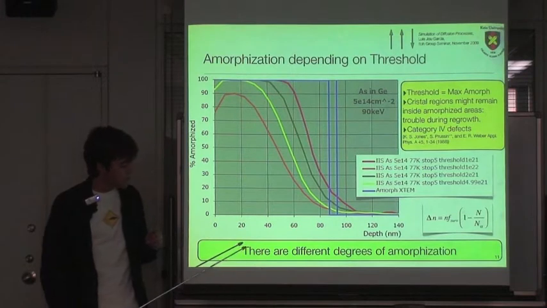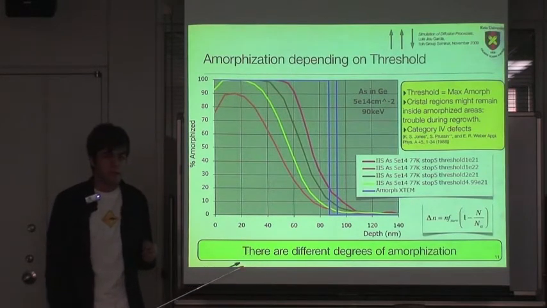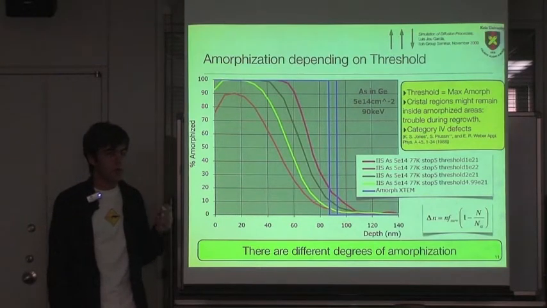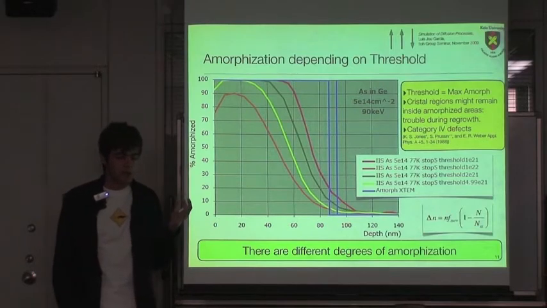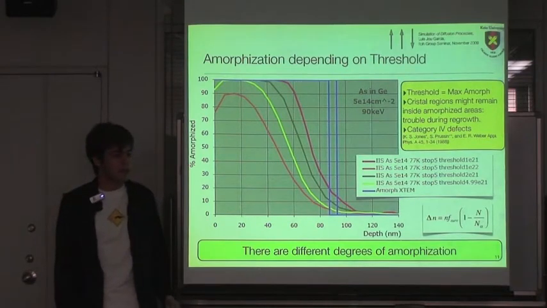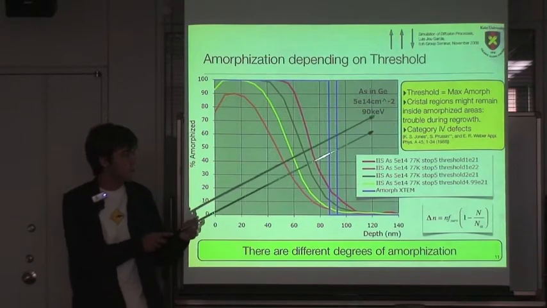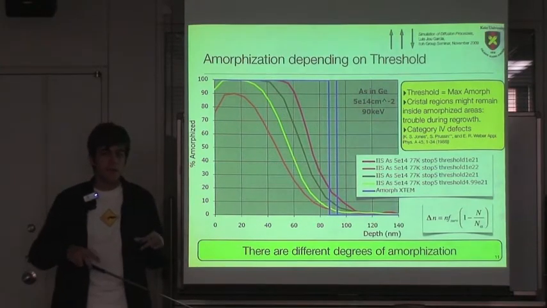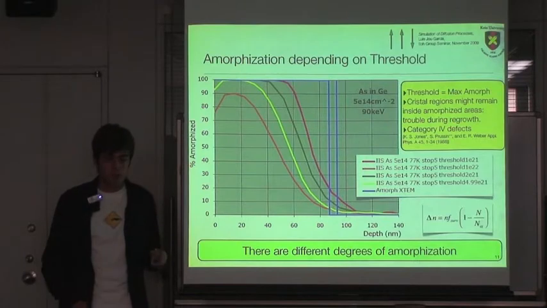So there should exist different degrees of damage, because maybe we are not able to see through XTEM all the damage, but if there are some non-amorphous areas inside the bulk, that might be the origin of undesired recrystallization and therefore some kind of category 4 defects in the boundary of regrowth.